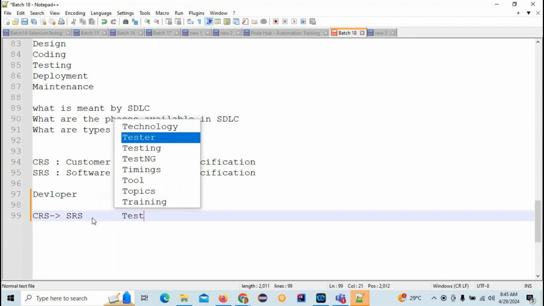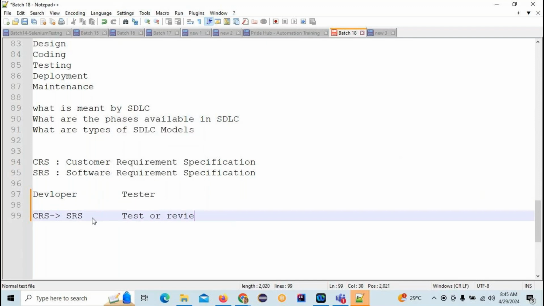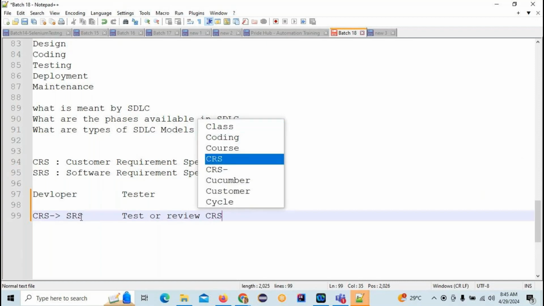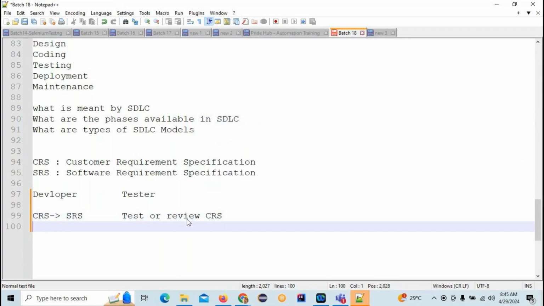Test or review the CRS document. Reviewing the CRS means checking whether the requirements given by the customer are clear or not.